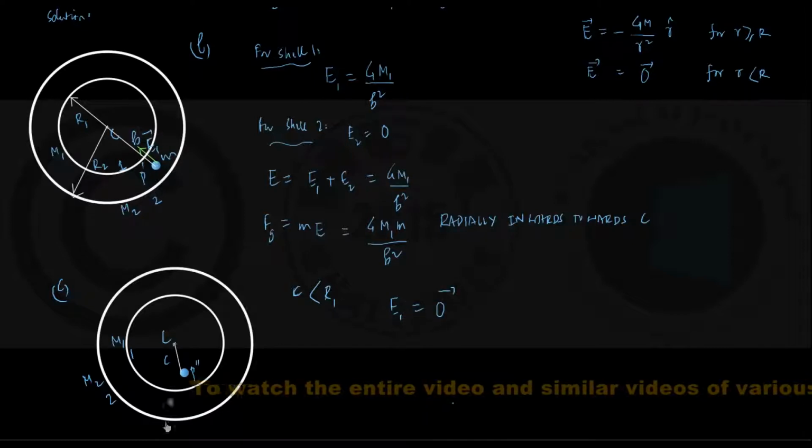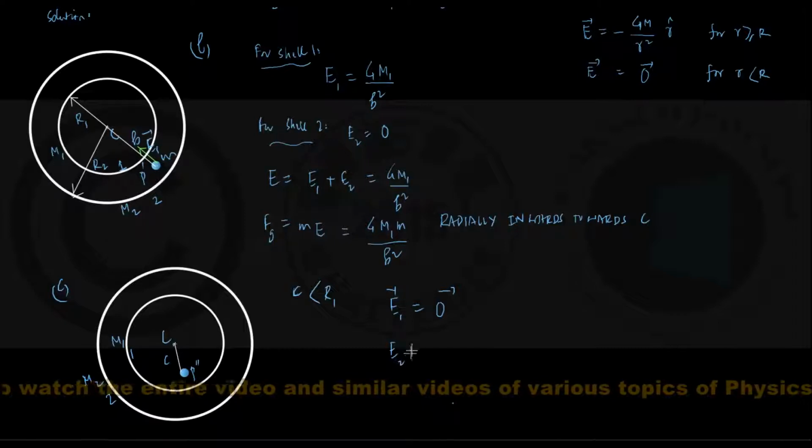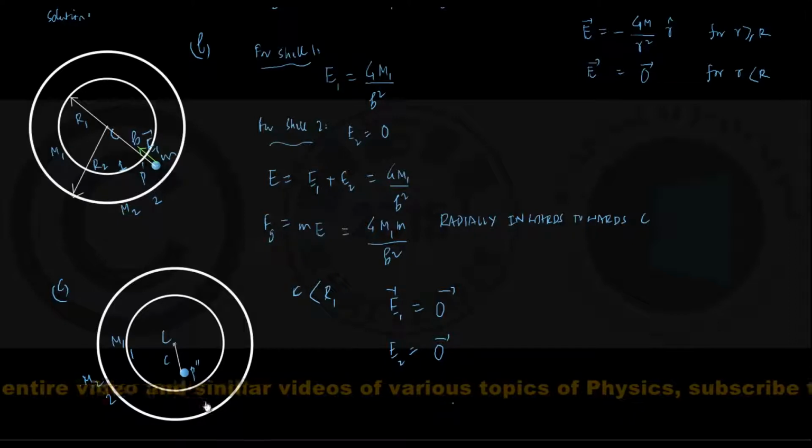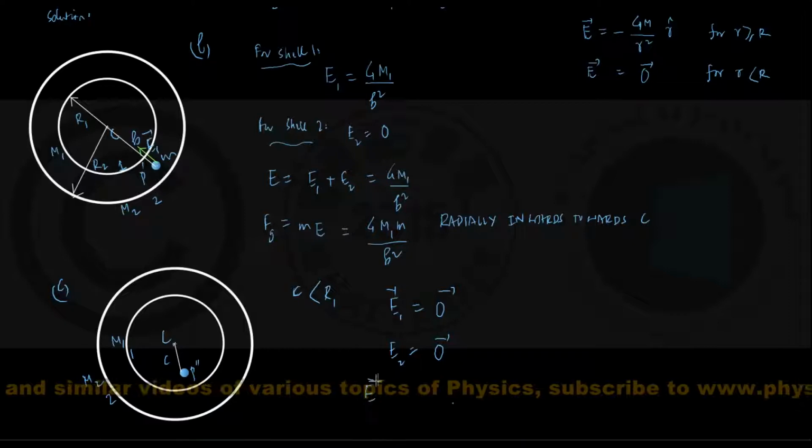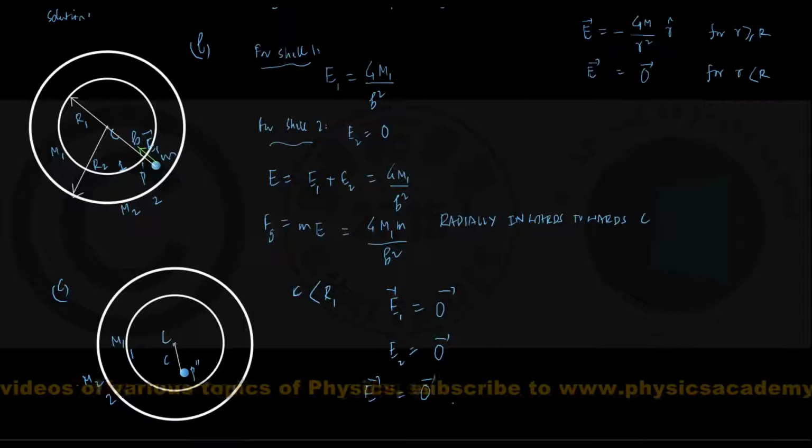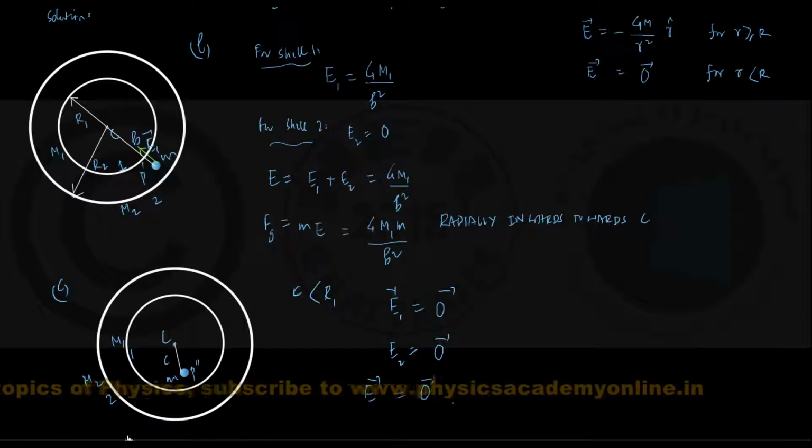There is no field due to the inner shell 1 at point P double dash, and similarly E2, the gravitational field due to the outer shell also is a null vector because the point P double dash is inside the outer shell as well, and therefore the net gravitational field at the position P double dash is coming out to be a null vector. And the conclusion is that when you place a particle of mass m there, that is at a distance c less than r1, there is no gravitational force exerted on it by this two shell combination.